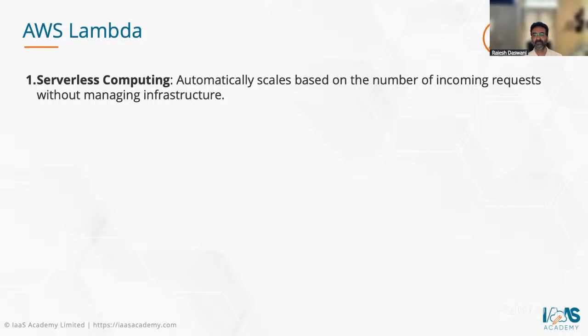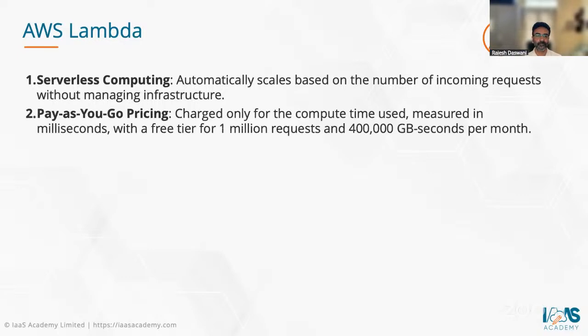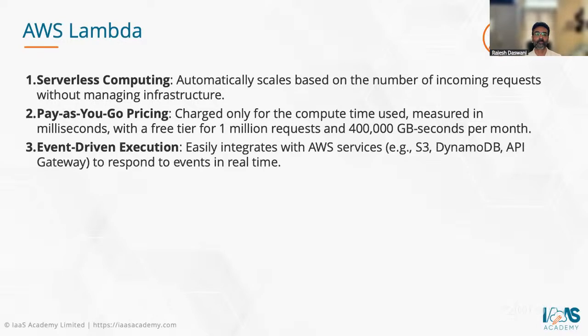And then you trigger that particular function using some other service, like a call through a website, or maybe an upload to an S3 bucket or an EventBridge rule, etc. You're charged on a pay-as-you-go model. You actually get 1 million requests as part of the free tier. It's what is known as event-driven execution. So it integrates with S3, DynamoDB, and API Gateway to respond to events in real time.